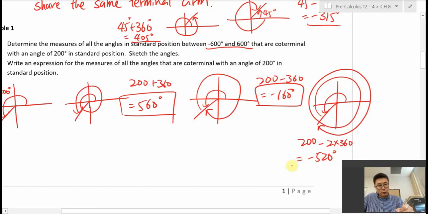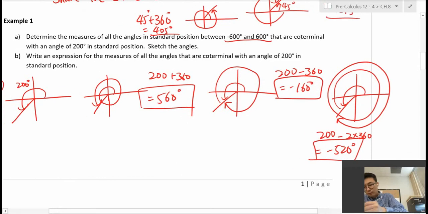So you actually end up with 3 coterminal angles. You can keep going with 560 by adding 360, but it's going to be beyond 600. Same thing, you can subtract another 360 from negative 520, but that's going to be less than negative 600. So we're going to stop right there. We have 3 coterminal angles.